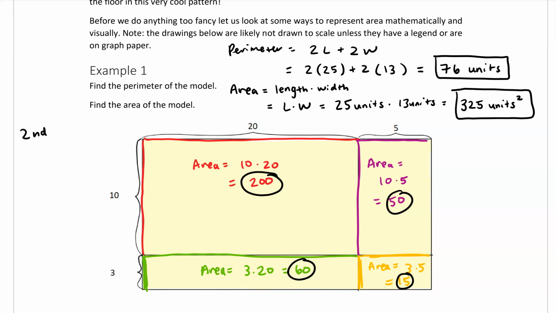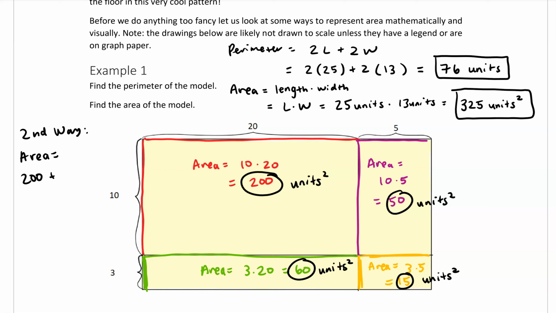So this is the second way we could do this. Let's add up. Okay, so the area is equal to 200, and all of these have units squared since we multiplied them. So units squared, units squared.